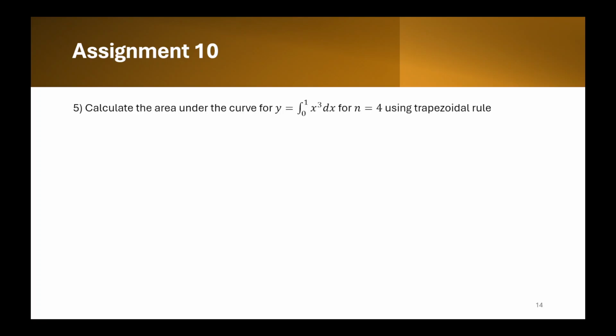Calculate the area under the curve for y is equal to 0 to 1 x cube into dx for n equal to 4 using trapezoidal rule. So n here is again the number of subintervals. What is the solution of the last question?